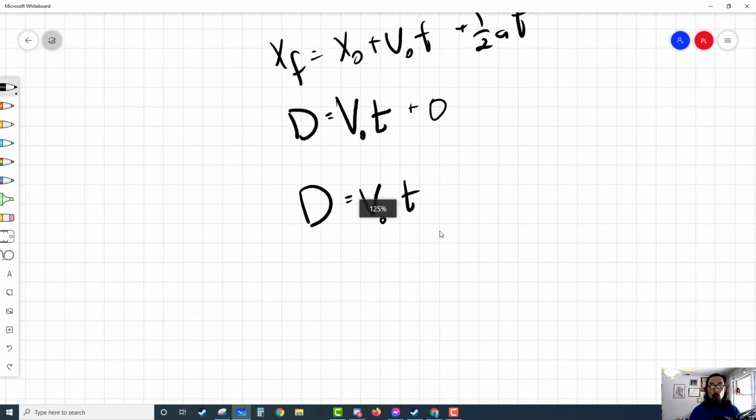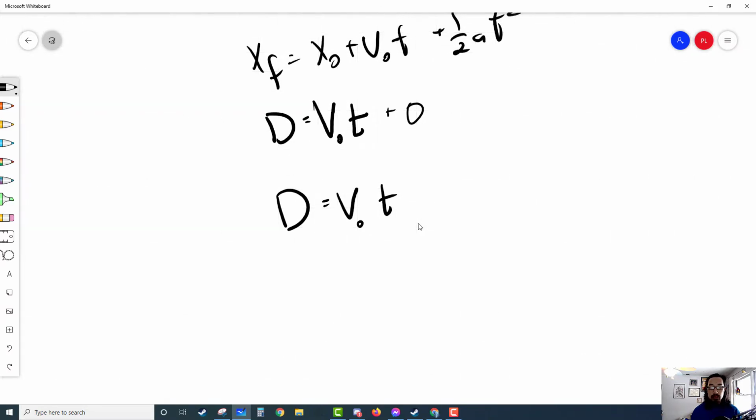So we want to hit the same distance d away, but here's where it gets tricky. This is our constant. Our constant is d. We want to know how to change our time, because we know our initial velocity is, I believe, double. Yeah, we have double the initial velocity.